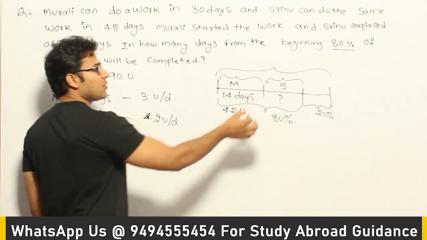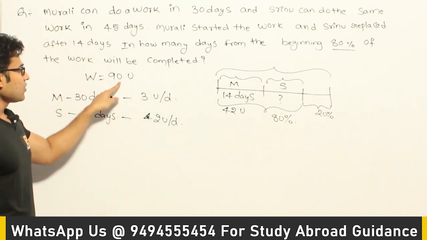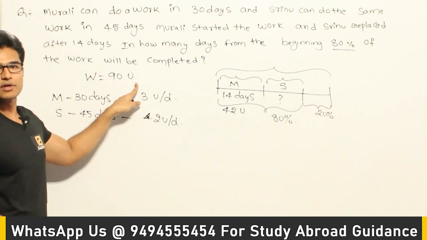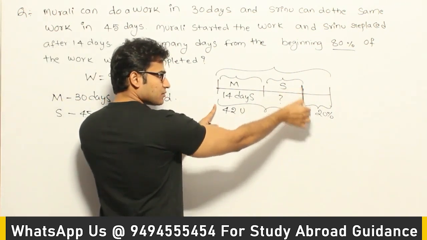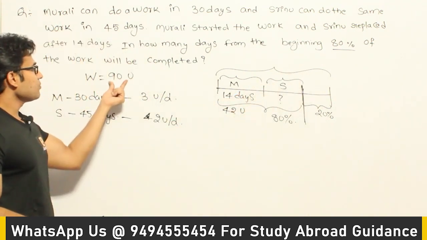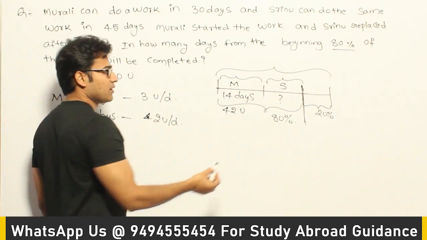And now what is the amount of work remaining? If you see this, we are not worried about 90 units of work. We are worried about only 80% of the work. Why? Because only till this point we want to finish. We need not finish till 90. Therefore, what is 80% of 90? 80 by 100 into 90 is 72, right?